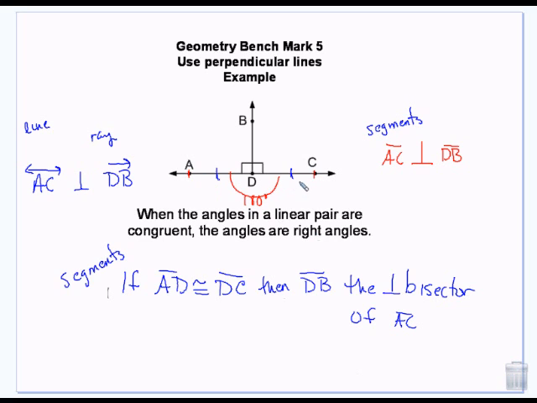So again, it has to be segments at that point because I can't bisect a line because lines are infinite, so you can't cut infinity in half. But I can say that if I just talk about the segment, DB would be the perpendicular bisector if these two pieces are the same length.